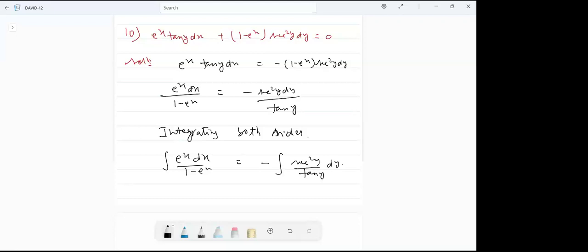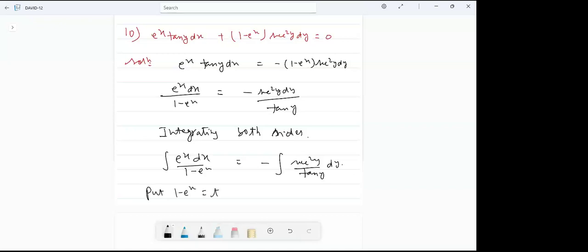So when we have such a form, the integral is always log of the function f(x) or f(y), whatever. In the left hand side, put 1 minus e to the power x equals to t.